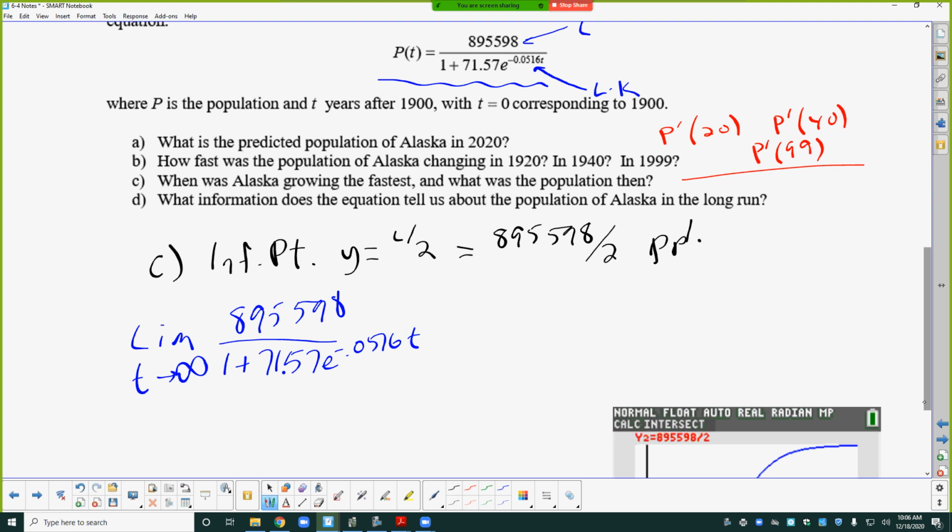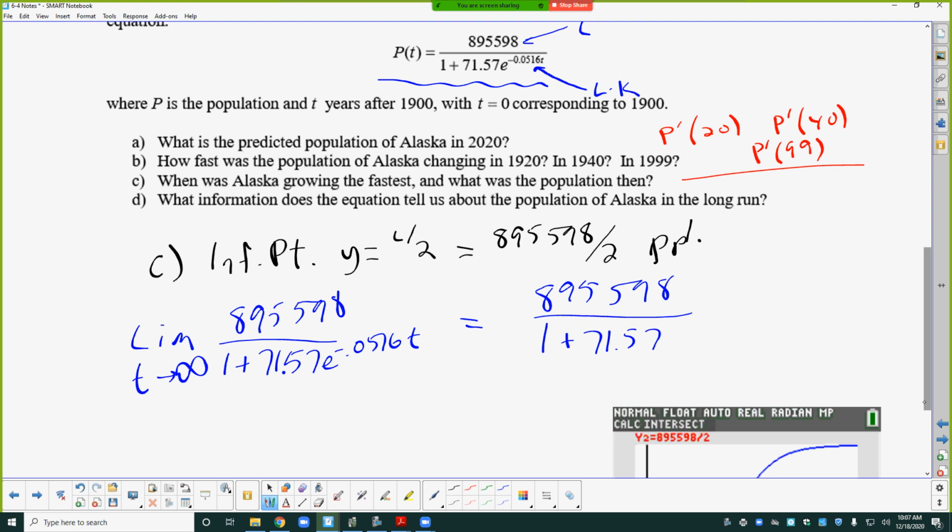And I'm going to say that that equals 895,598. Notice my notation. I've got the limit over there, and now I'm going to evaluate the limit by substituting in infinity.